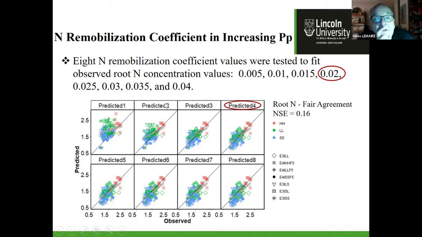Please, just one point. Be careful with expressing nitrogen concentration, because nitrogen concentration can be varied not only through nitrogen remobilisation, but also through carbohydrate accumulation. So it should be better to express your data in nitrogen content in root.